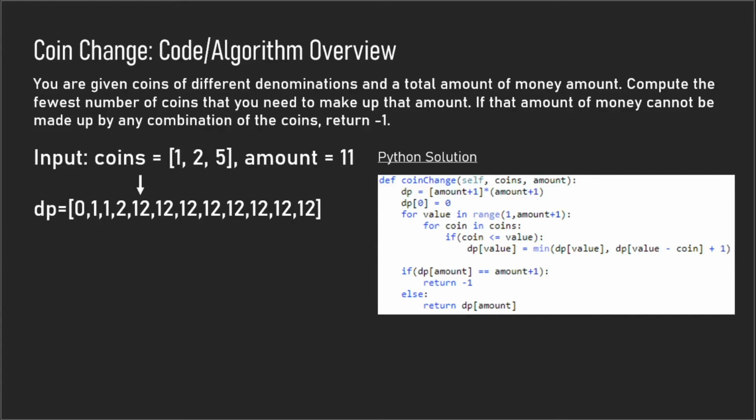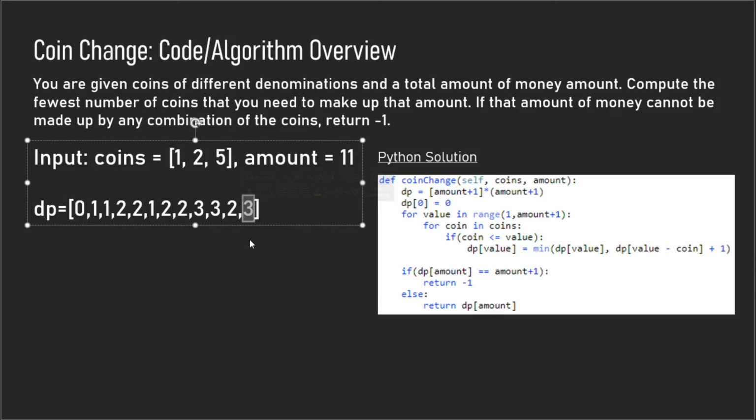If you continue on with this algorithm, you will essentially get to the point where you have every single amount value calculated up to 11. So this value 3 here would be the minimum number of coins it takes to get to the amount 11.